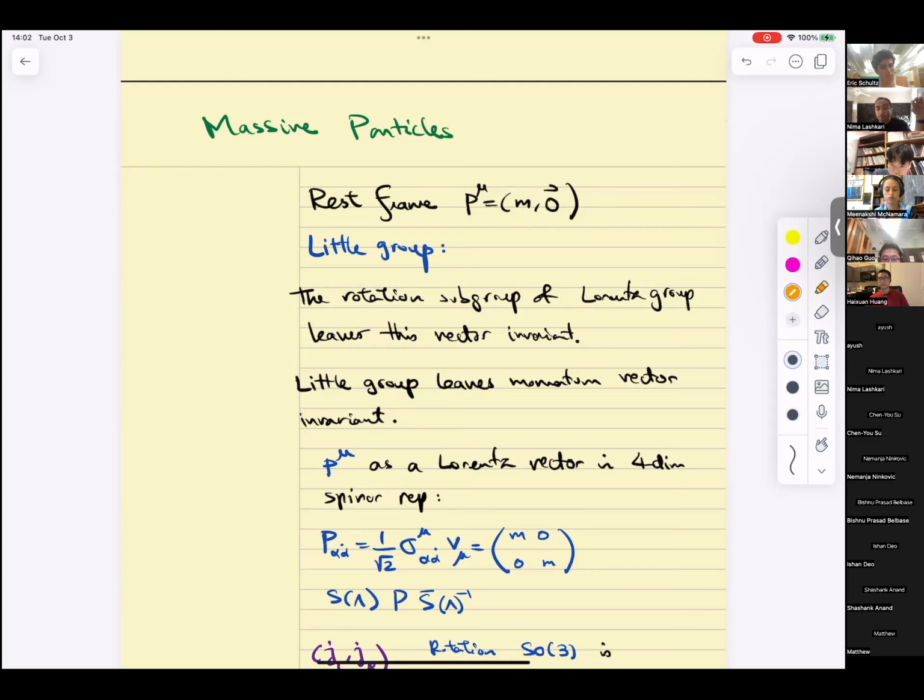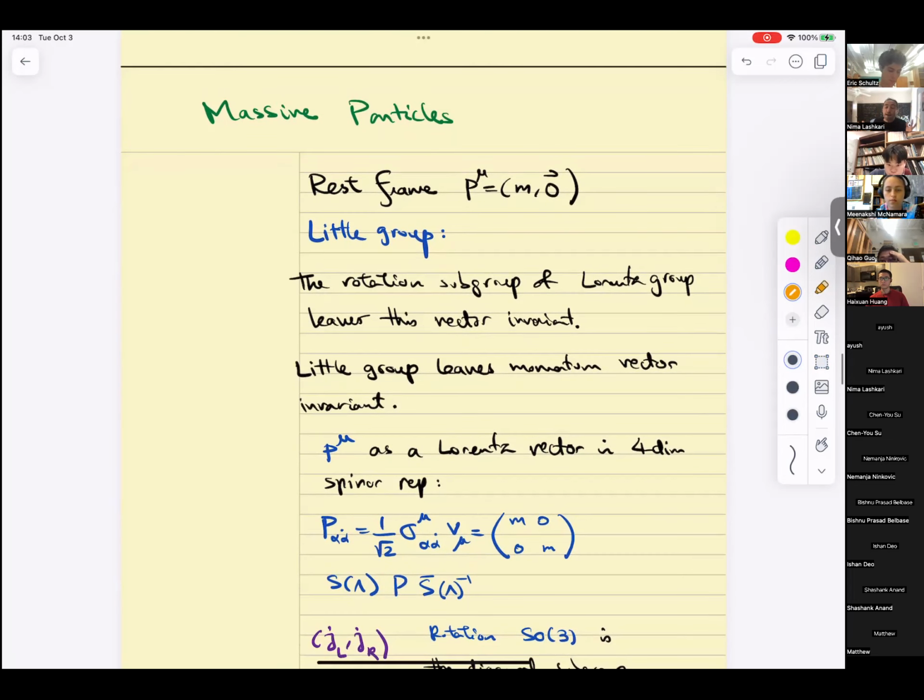Recall that if you have a massive spin 1 particle, you should end up with a representation theory that has 3 polarizations. Whereas if you have a massless mode, you should end up with a representation theory with 2 polarizations. The others should be redundant. This is hopefully something to remember from our discussion earlier.